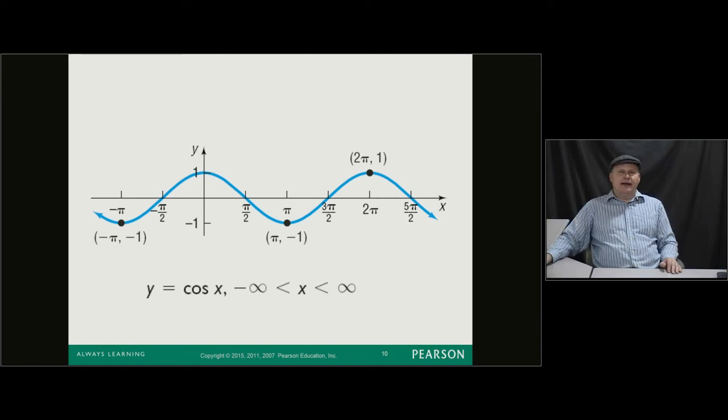the cosine wave looks like the sine wave in a way. Because although you're starting this one at 1 and it ends at 2 pi at 1, that portion is a cosine curve. But if you look at the curve starting at, let's say, negative pi over 2 and ending at 3 pi over 2, that part of the graph is a sine curve.